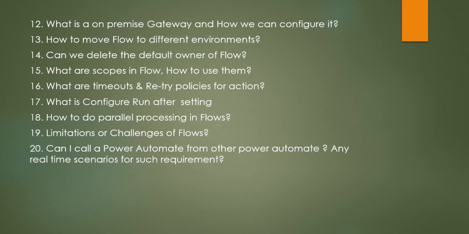For example, if you want to create tasks for a number of users, and that number of users is dynamic, then you just define how many times the apply to each should run, and all the tasks would be created in parallel if you enable concurrency and give the count for what degree of concurrency there should be. So that's how you can create parallel processing in flows.